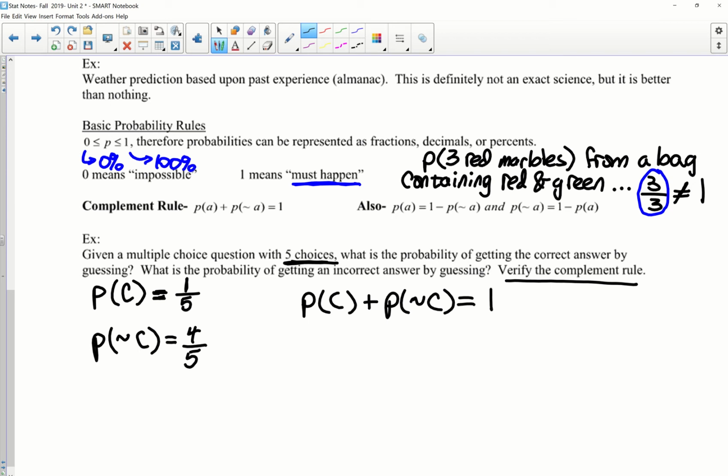So 1 out of 5 plus 4 out of 5 is equal to 5 out of 5. In this case, we are accounting for every possible outcome, so that result will be equal to 1, so this checks out. So I put a little check mark.